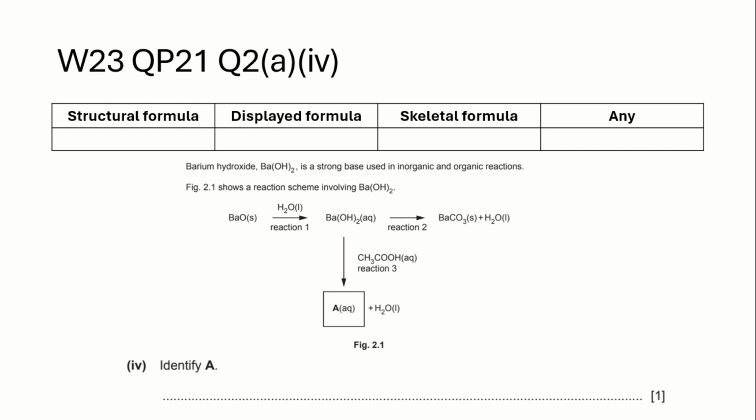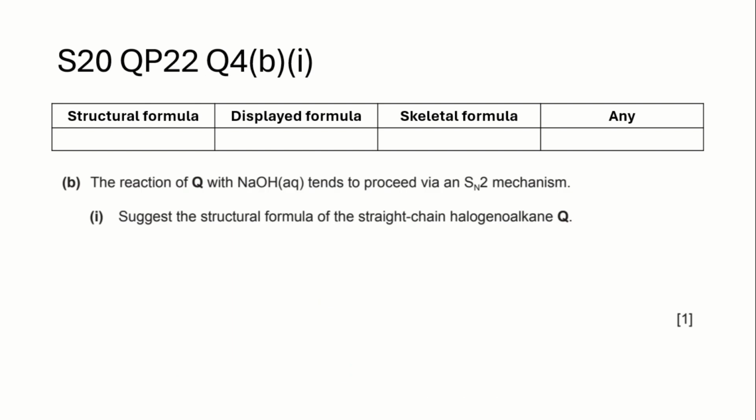Identify A. So this one, you can use any formula, including this time the name of A. Another one, suggest the structural formula of the straight chain halogenoalkane Q. You have noticed already, structural formula is the keyword, so give only structural formula and not other formulas.